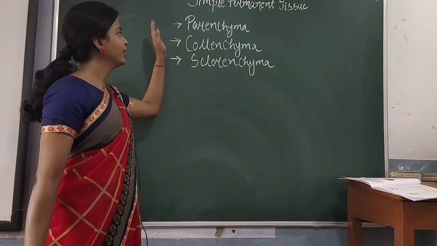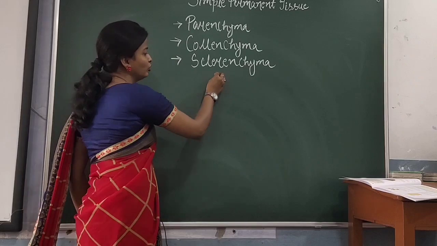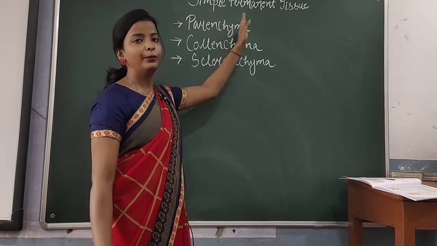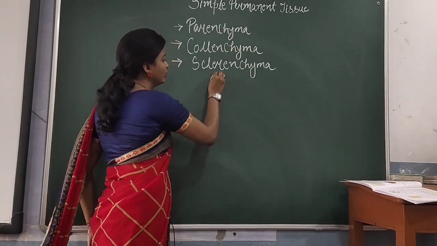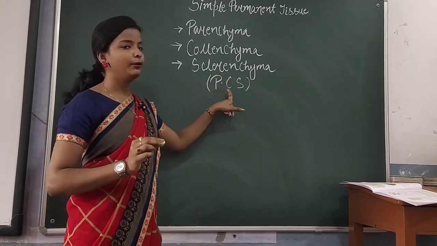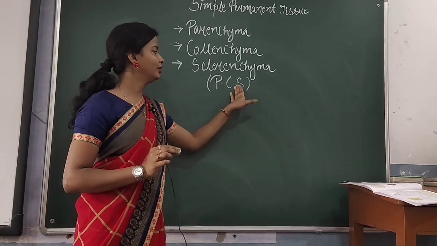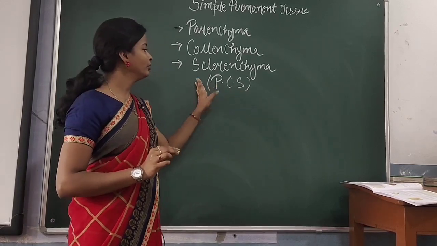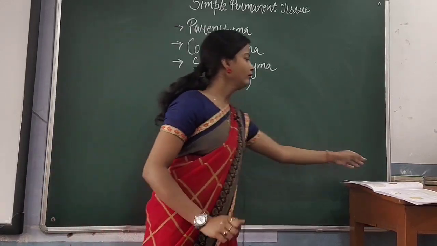You can also learn it like this, PCS. So, when anyone will talk about simple permanent tissue, you can remember it as PCS: parenchyma, collenchyma and sclerenchyma. This is just for your reference, just for you to remember it.